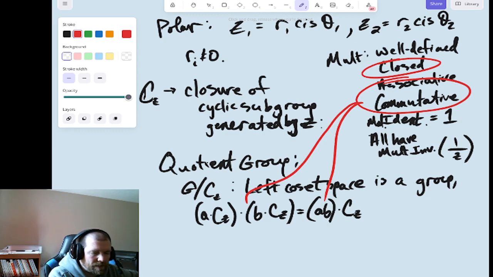I didn't take topology, but the left coset space has a definition that it's using for quotient group, which is talking specifically about multiplication all the way through. So you should be able to take these constant factors and push them out.